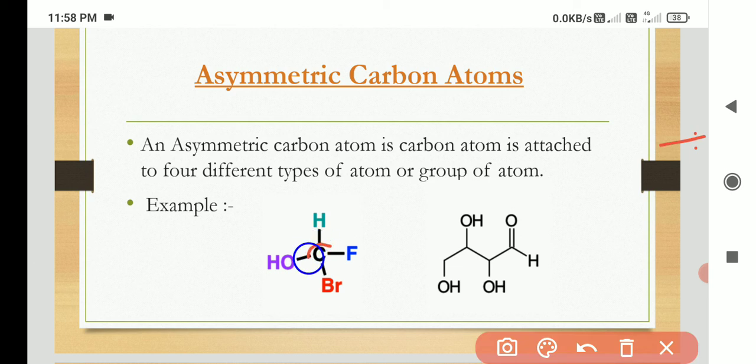Consider a carbon atom that's bonded to an OH group, a hydrogen, a fluorine and a bromine. Notice how the carbon is bonded to four different substituents, making it an asymmetric carbon. These are another example of an asymmetric carbon atom.